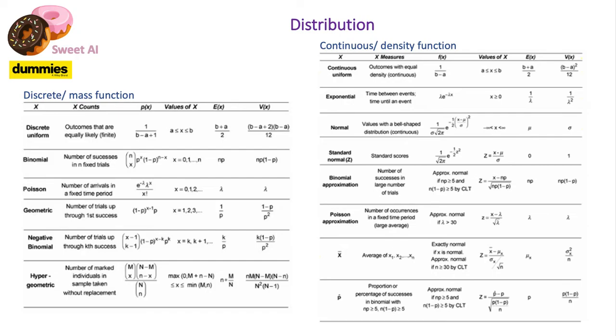And I think the most common distribution that we would see while doing machine learning or statistics is the normal distribution, or standard normal distribution, which is called Gaussian distribution as well. It's a symmetric distribution, and the mean, median, and mode are all equal.